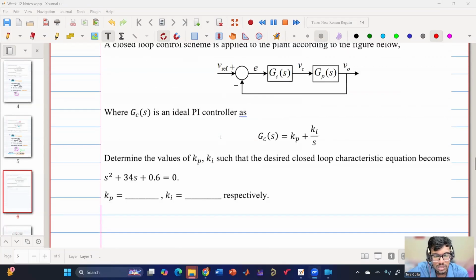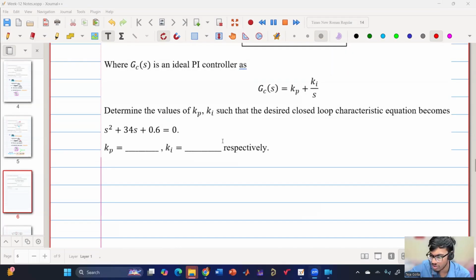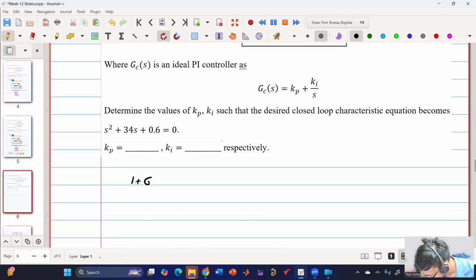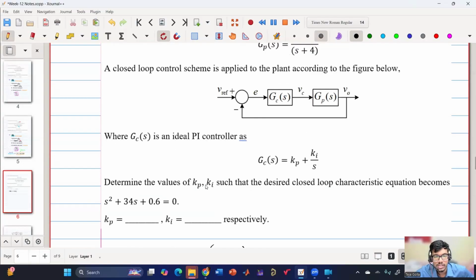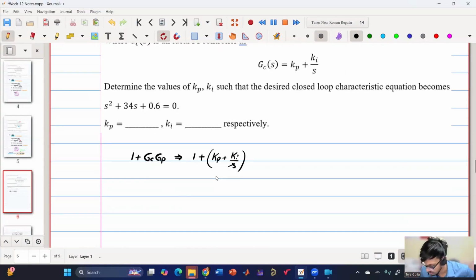Let us start solving. So the same characteristic equation. I'll directly skip that part and write directly 1 plus GP into GC. So we are finding the expression of 1 plus GC into GP, which is 1 plus (KP plus KI by S) into 3 by S plus 4.